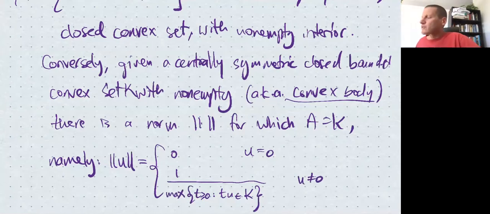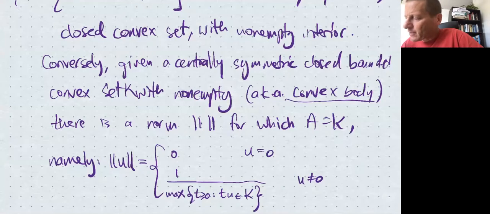Okay, so this is an exercise to check that there's a natural bijection between norms and essentially symmetric convex bodies.